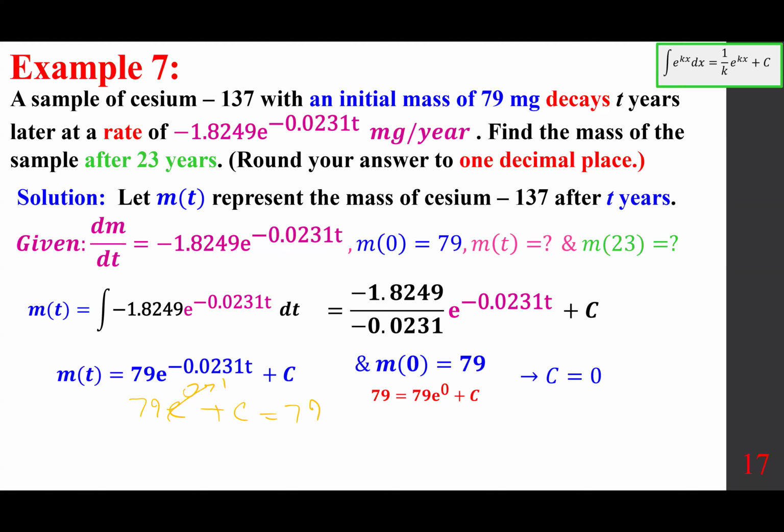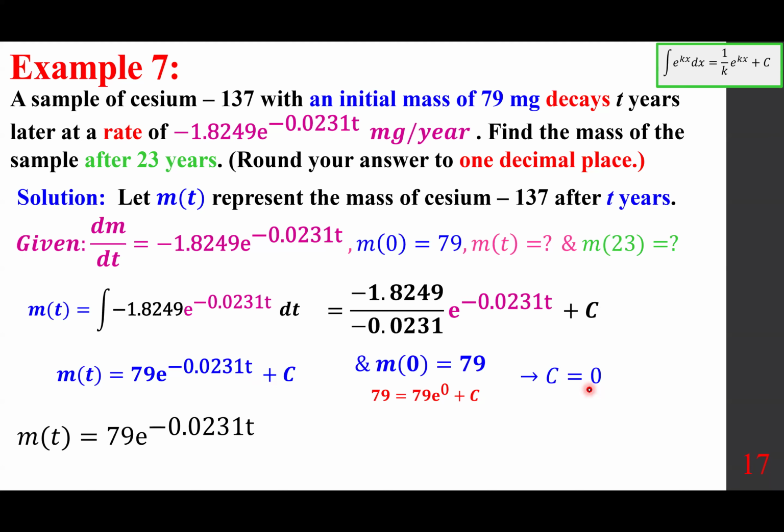Therefore, the general solution, which is this one, gives rise to a particular solution, which is this one without the constant, because we found the constant to be 0. That's what we were looking for.